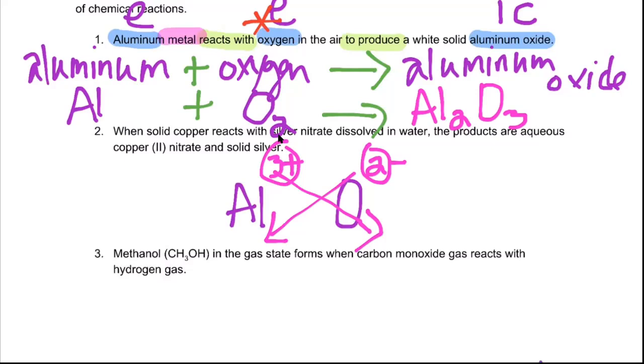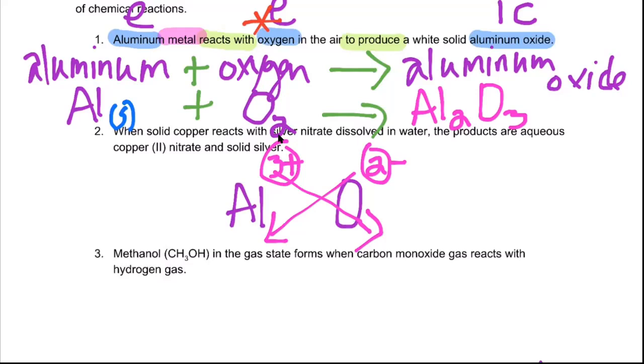There is only one exception: there's one metal that's a liquid at room temperature, and that is mercury. So since they say aluminum metal, I need to put the little state symbol for solid down here to indicate that my aluminum is in the solid state. So I put a lowercase s in parentheses, and it's written small, like a subscript. It's not the same size as your element symbol.